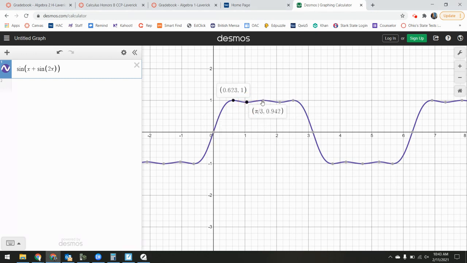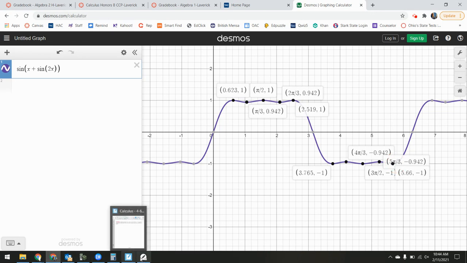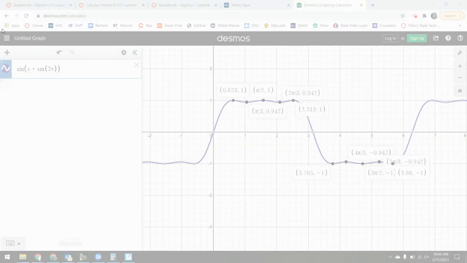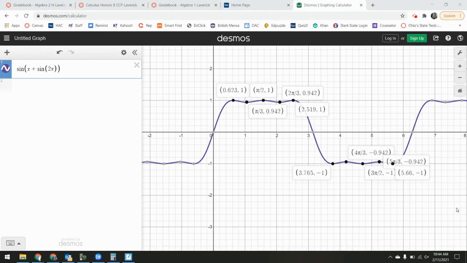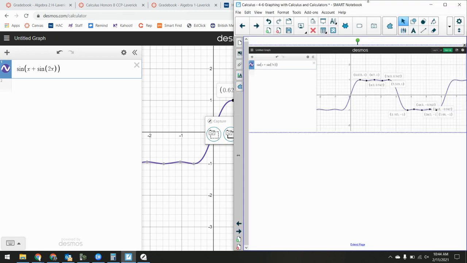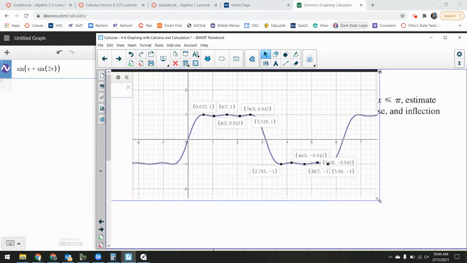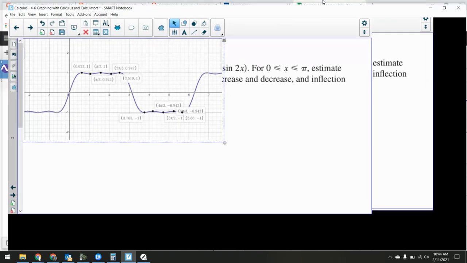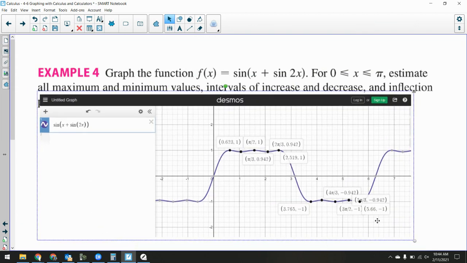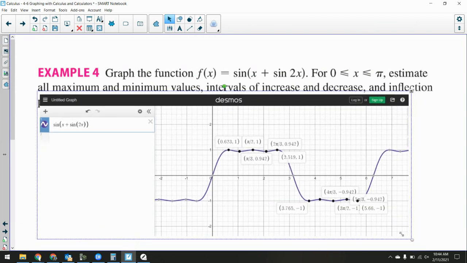As soon as you click off of it, it goes away.